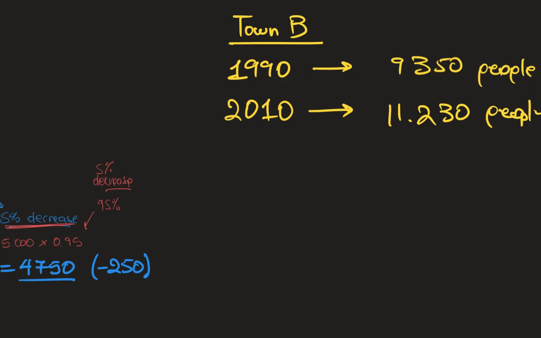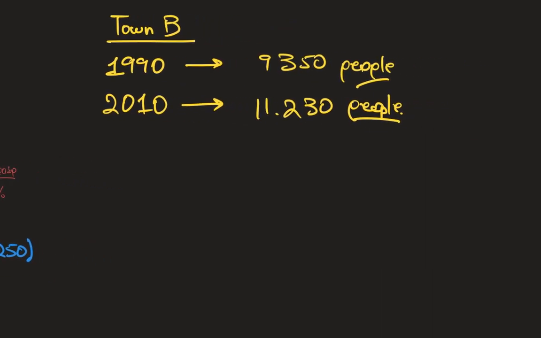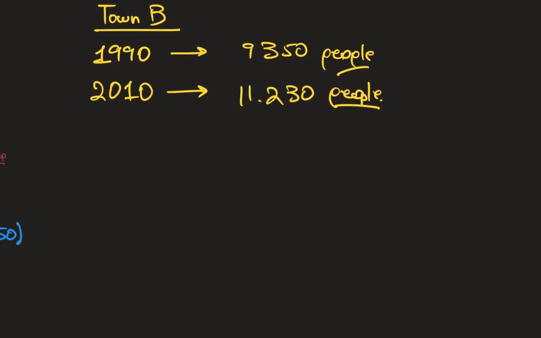So there's two more concepts you need to be able to understand. The one is the absolute change. An absolute change is essentially by how much the population has increased or decreased or changed.